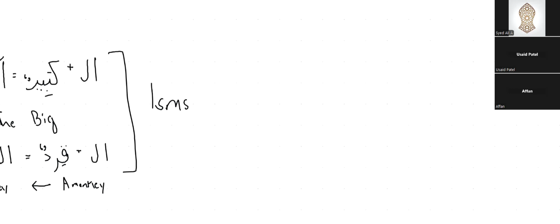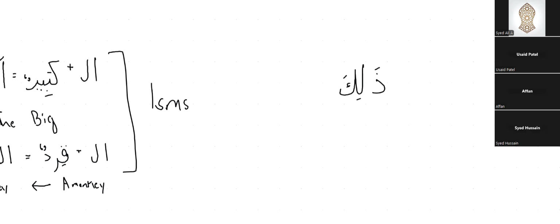Let's say the sentence dhalika farasun. This would be: that is a horse.